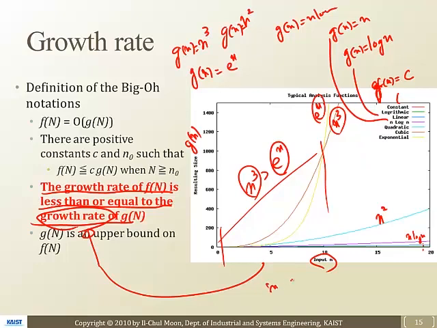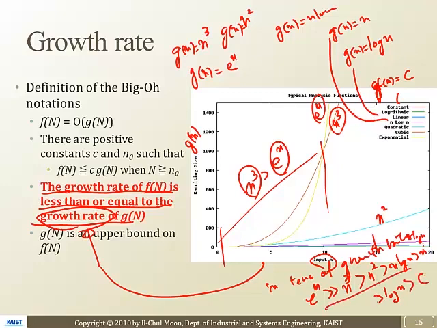Eventually, in terms of growth rate, exponential n would be much bigger than the n cubed function, and it's going to be bigger than n squared, n log n, n, log n, and constant. So this is the order of the growth rate size, and this is really unbeatable.